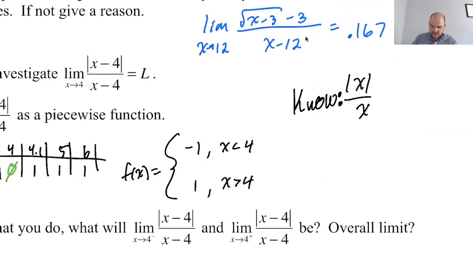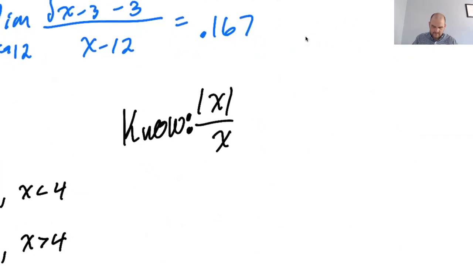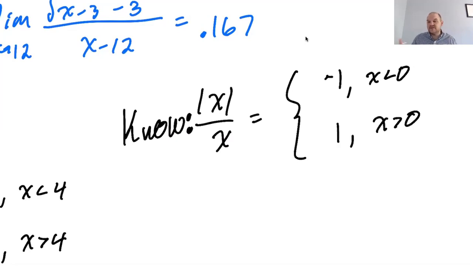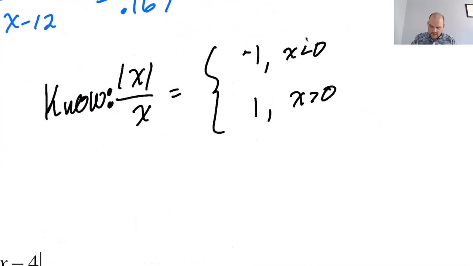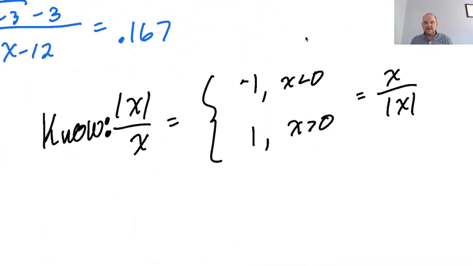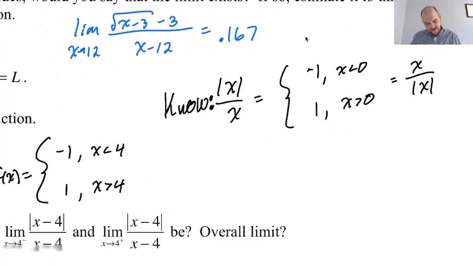And actually, if we go back to this, we can rewrite it as -1 when x is less than 0, and 1 when x is greater than 0, and it just doesn't exist when x equals 0. An interesting thing about it is that this is also equal to x over the absolute value of x. Same deal. You get the same exact piecewise function. You should know that, because it's an interesting thing, and it'll come up at some points.